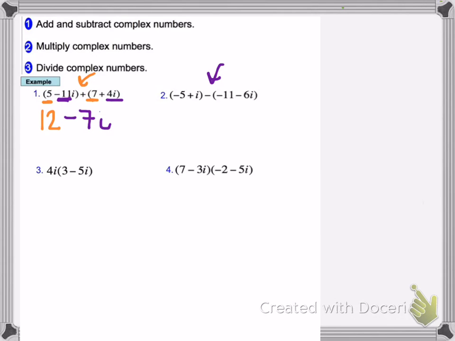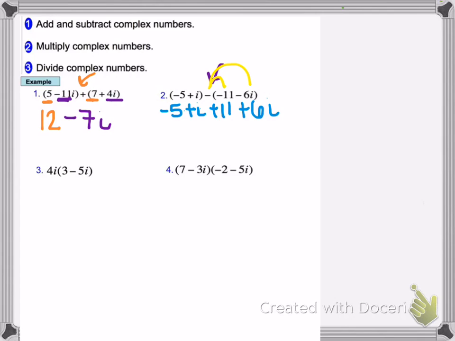Changing it up a little bit, we have that minus sign. What we're going to do is distribute that minus sign, making this second complex number become the opposite of what it actually is. So our new problem says -5 plus i plus 11, and then the opposite of -6i is going to be plus 6i.